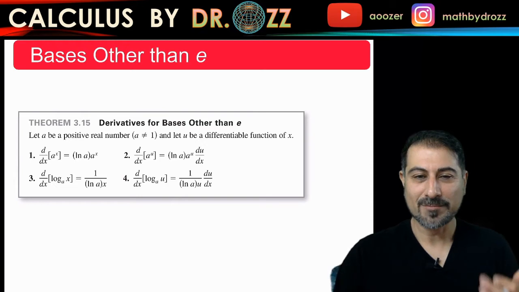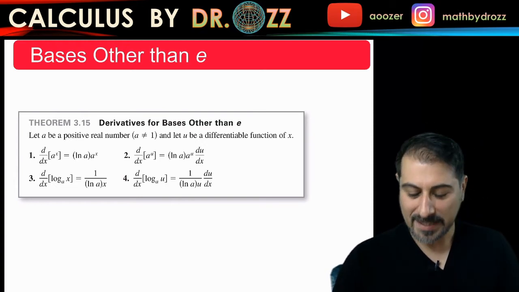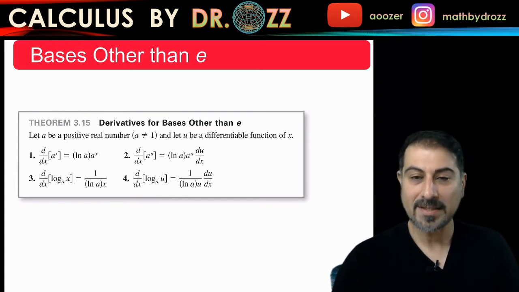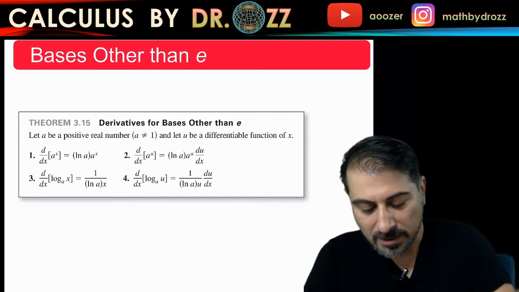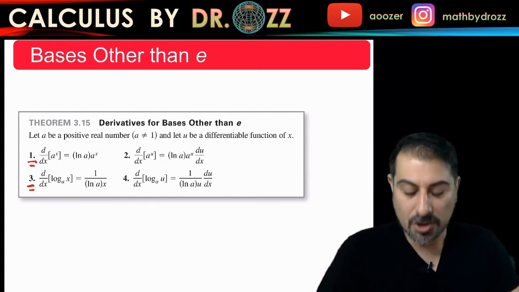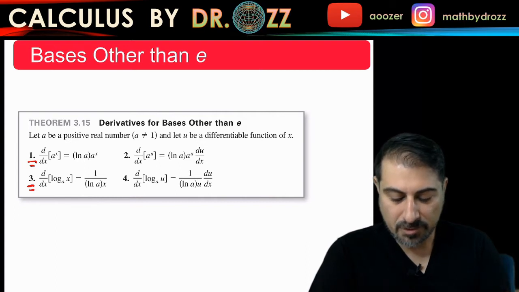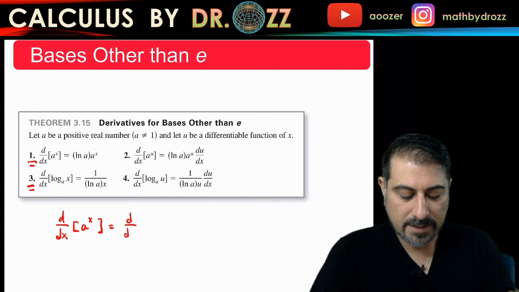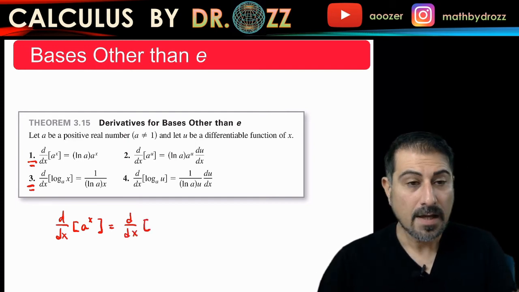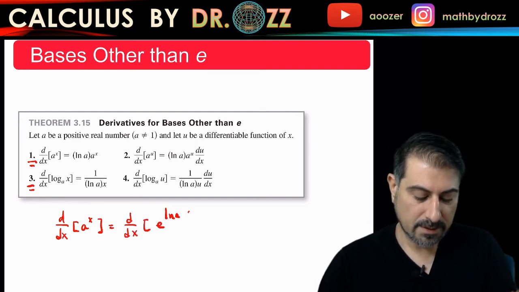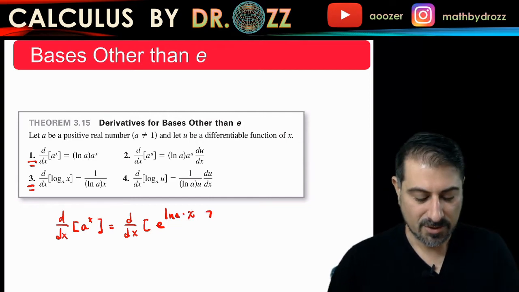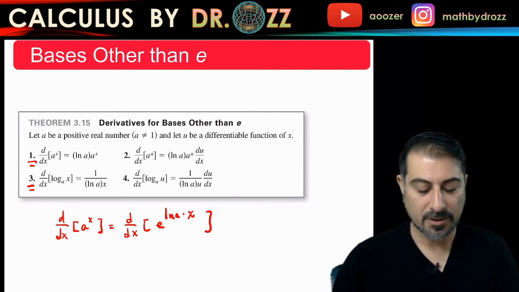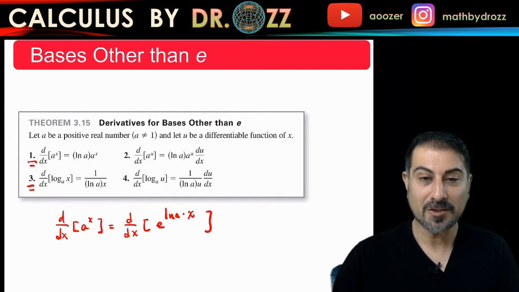Now that we have redefined a to the x and the logarithmic function of x with base a, we can talk about the derivatives of each function. Let me show you how we took care of the derivative of a to the x. d/dx of a to the x is equal to d/dx of e to the ln a times x. To take the derivative of this exponential function, we can use the chain rule.